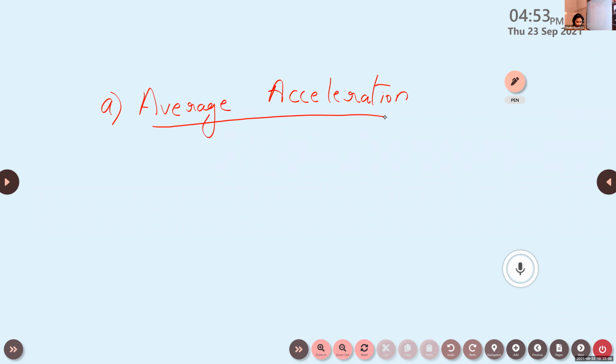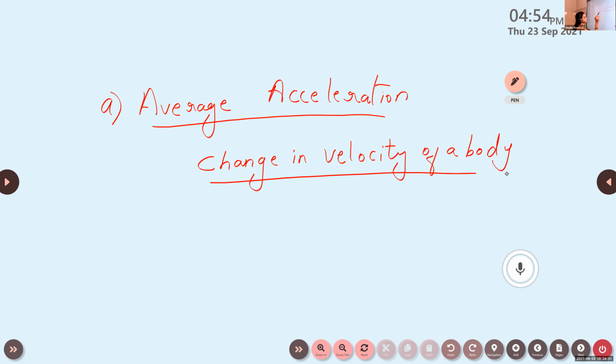It is the ratio of the change in velocity of a body to the time taken.